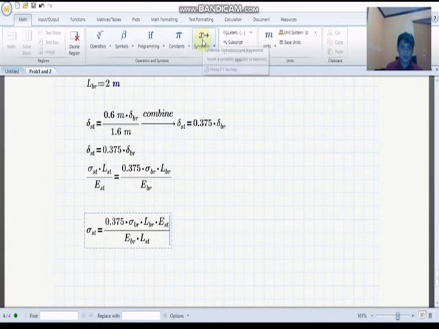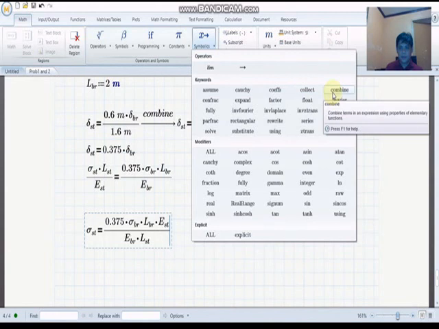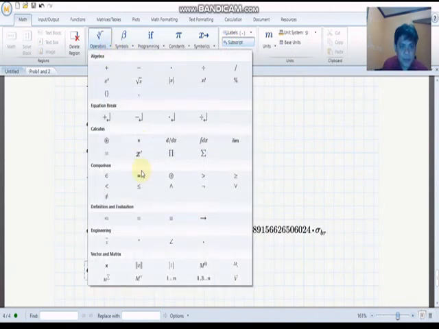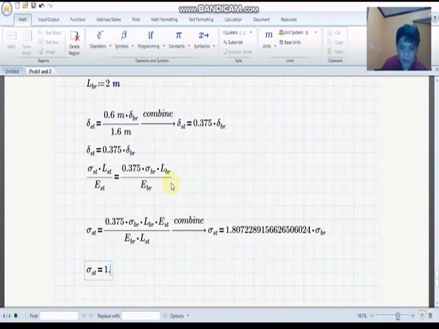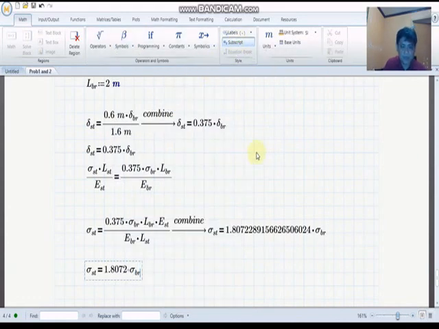Let us combine. Okay, so there you have it, the relationship now. The stress in the steel is now equivalent to 1.807 times the stress in the bronze. So we have now our equation 2.